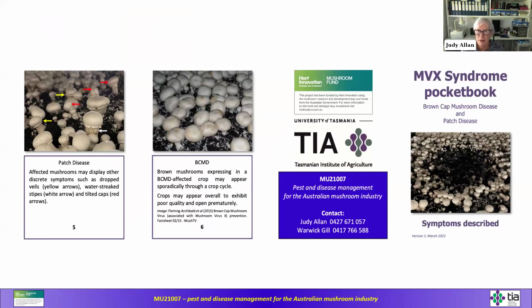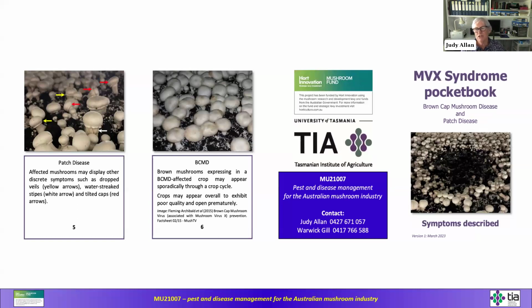So this is another pocket book that we have, and another disease. This is some symptoms of virus. In the old days, the virus we had was La France disease, and this is a modern disease associated with bulk handling of compost, and there are a number of symptoms, and it evolved over time.